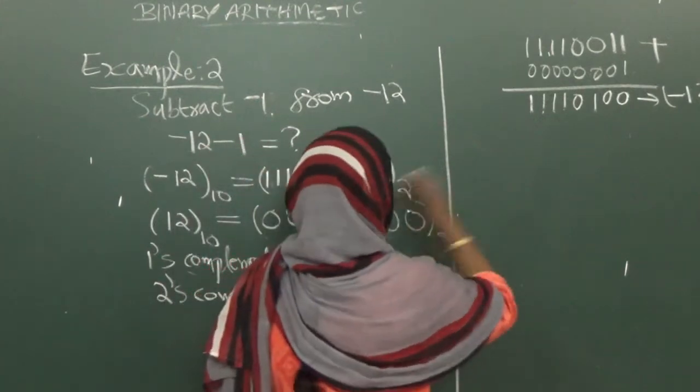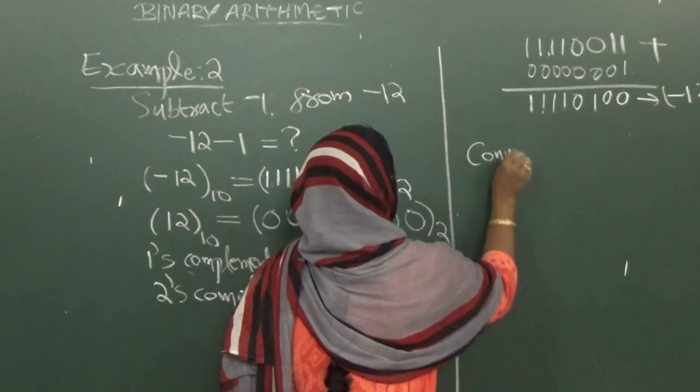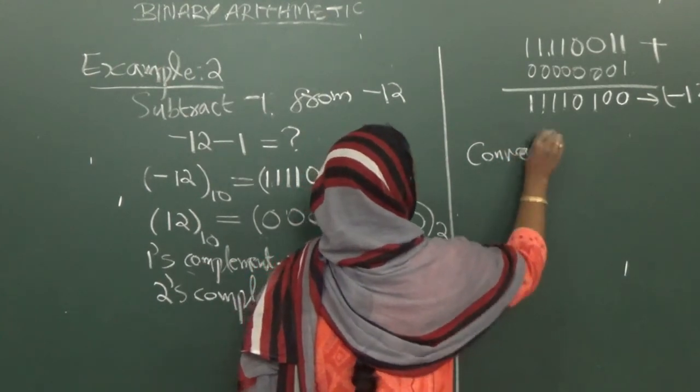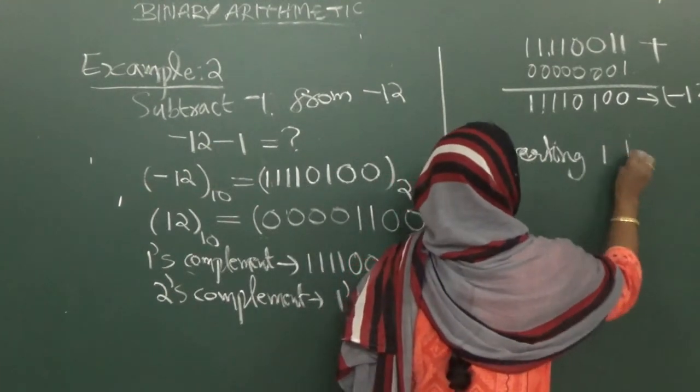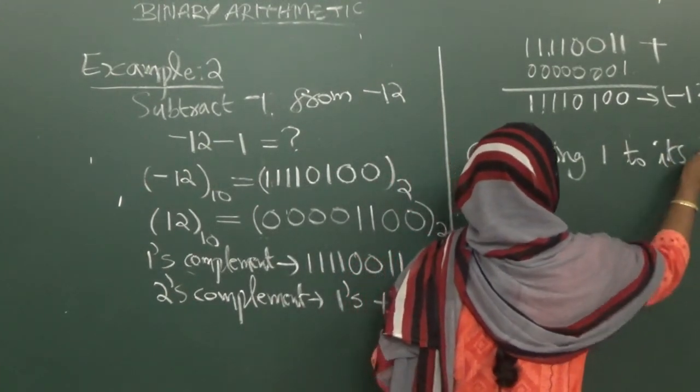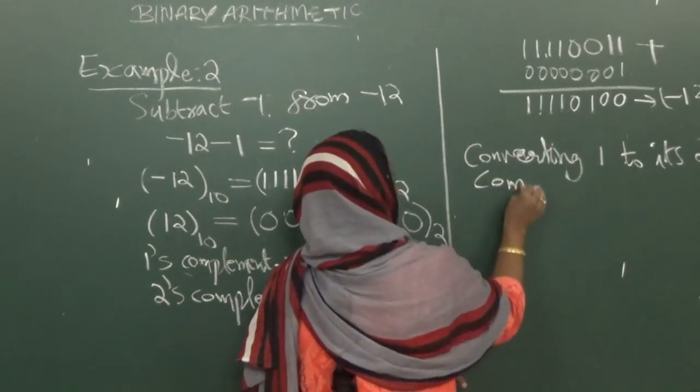Okay. So the second step, this is the first step. The second step is converting 1 to its 2's complement.